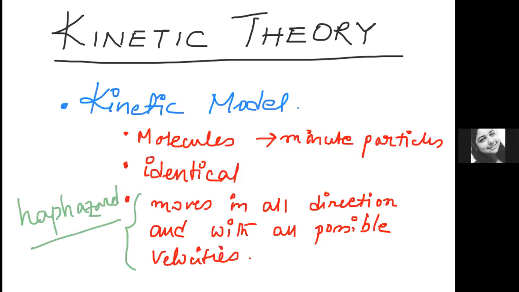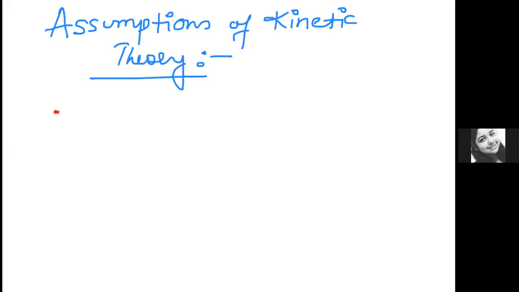Okay, so we have to actually learn some assumptions of kinetic theory. So the assumptions on which the mechanical picture of a perfect gas is based, I'm going to just make in point form for you, that all the gases are composed of molecules that we have seen in our previous slide itself.